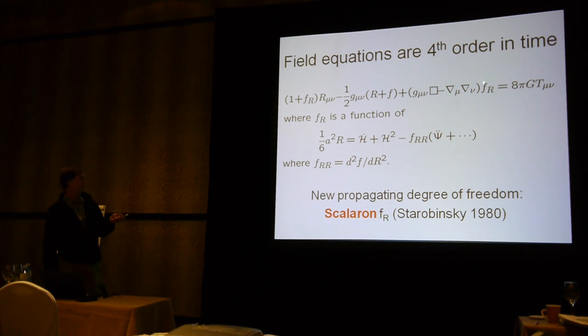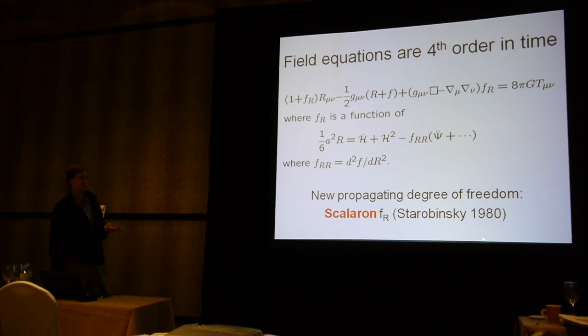That means we expect to see wave-like solutions of this function. Indeed, I will show you that there are perturbations of this function that evolve as plane waves with a dispersion relation similar to that of a massive field or a massive particle.